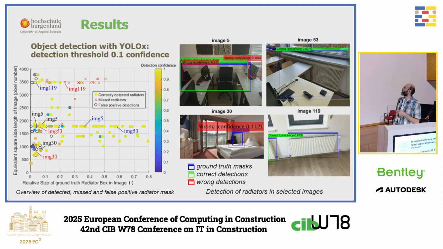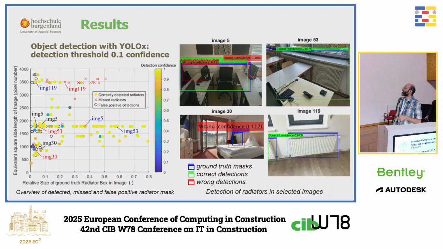Here, in image 53 for example, we also see missed radiators, mostly from large images with over 3,000 pixels of side length, and also rather large radiators, like in image 119. And we also see false positives as black circles, rather small boxes.